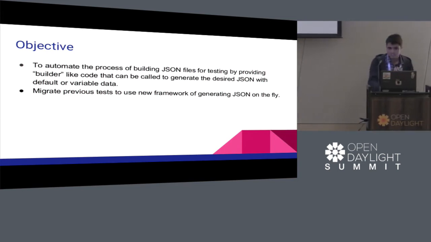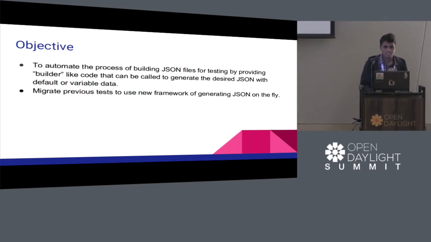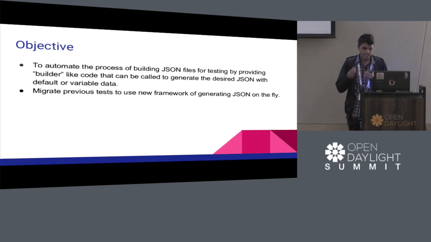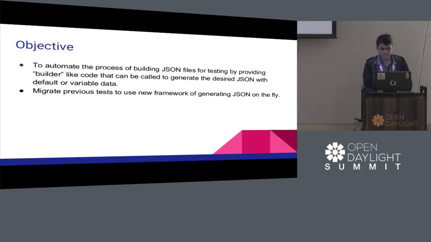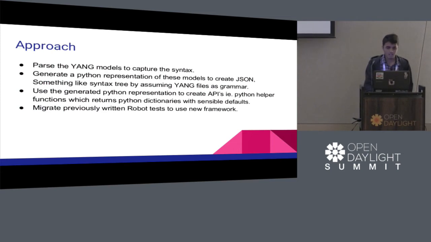The final deliverable was the migrated tests. Before the project we used JSON files, so we migrated those tests to use our new framework of generating JSON on the fly.